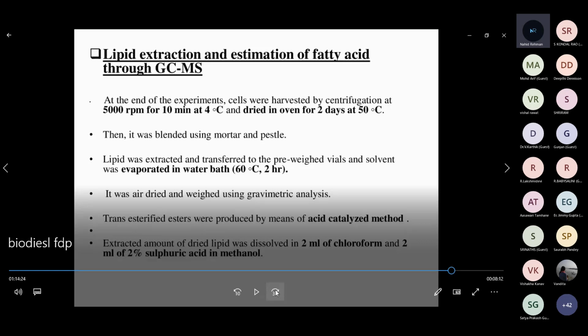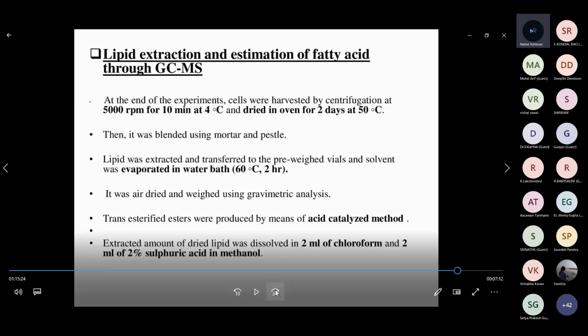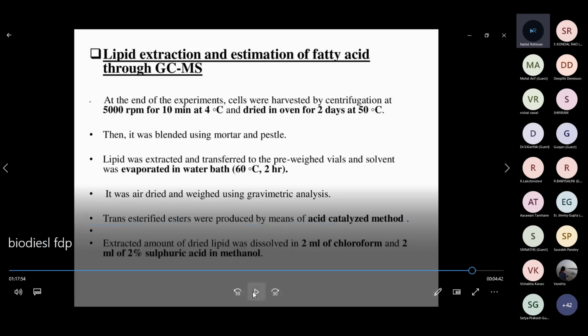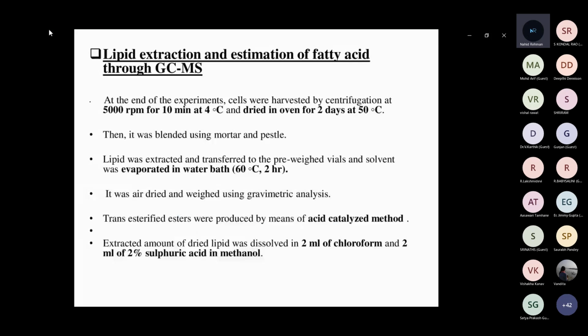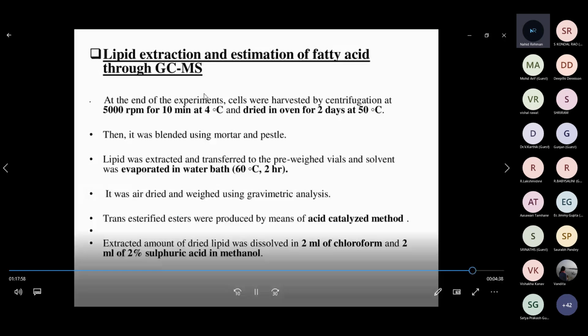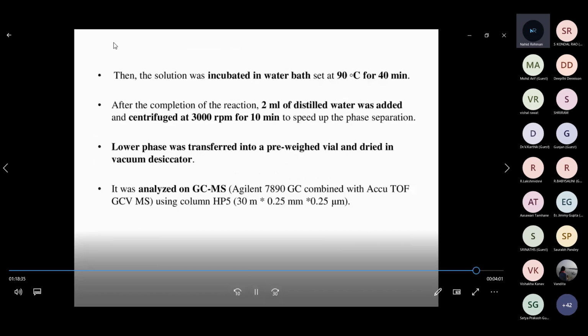So then it will be analyzed, all those biodiesel, the lipid, the biodiesel which we found in the form of esters. We sent it for its characterization by GCMS, and then after doing the GCMS analysis, we got the plots also. I'll show you.